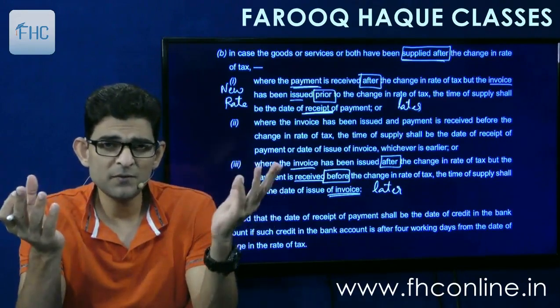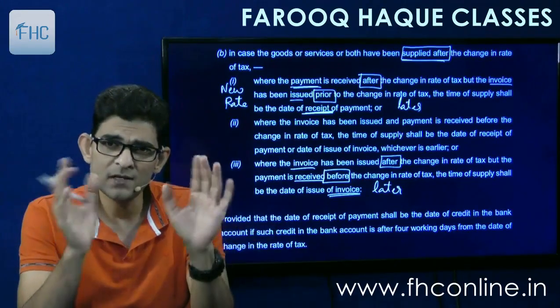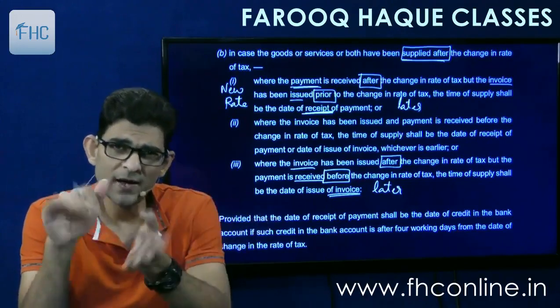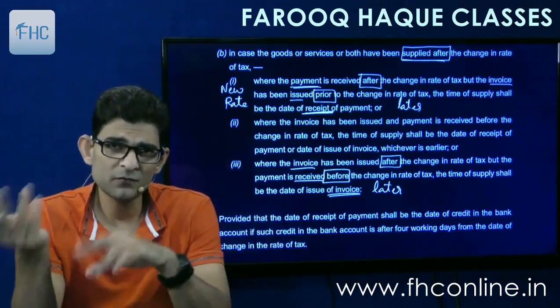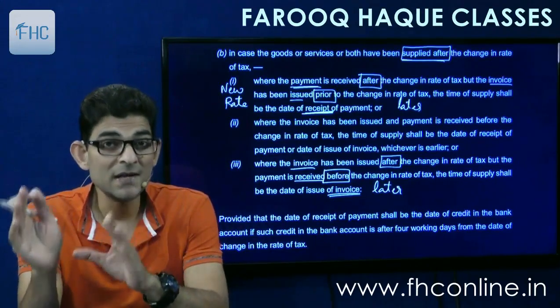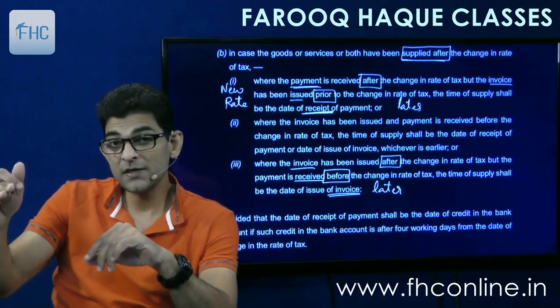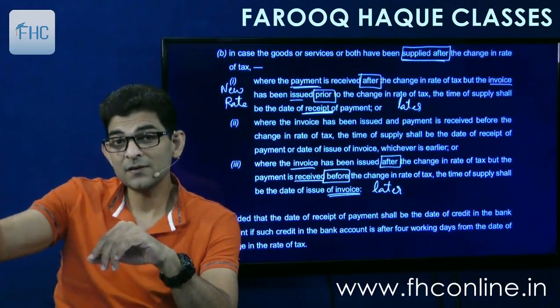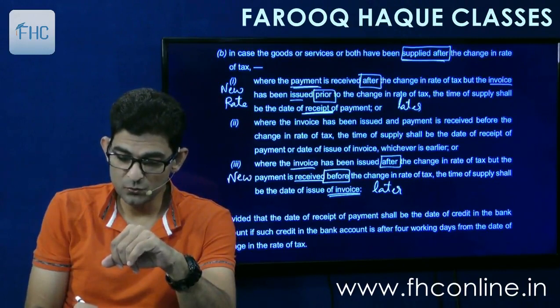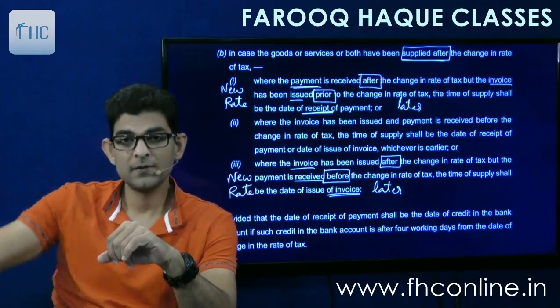So actually they should have been written in just one clause: if the payment is received or the invoice is issued earlier and the other one is after, you have to apply the rule whichever is later. So when you apply the rule whichever is later, means the after one, means the new rate will apply. So here also it will be the new rate. Got it?